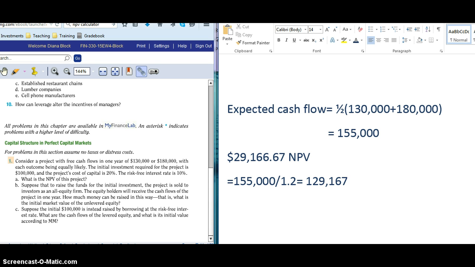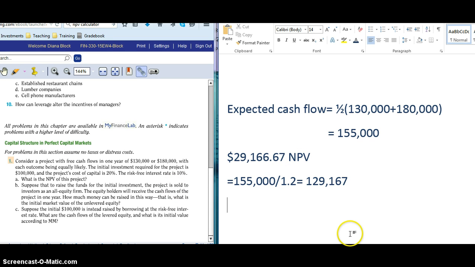Part C says, what if our initial investment is raised by borrowing, and it's borrowing at the risk-free rate, and we're told that the risk-free rate up here was 10%. So then the question is, what are the cash flows of the levered equity, and what's the initial value according to MM?